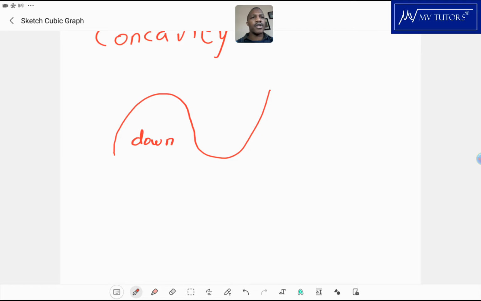It's feeling down. And concavity only changes at the point of inflection, because that's where the change is made, where it stops being sad and then it starts being happy. Then we call it concave up when the graph is smiling.